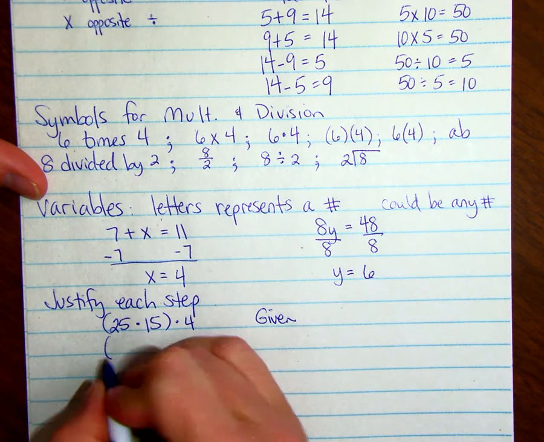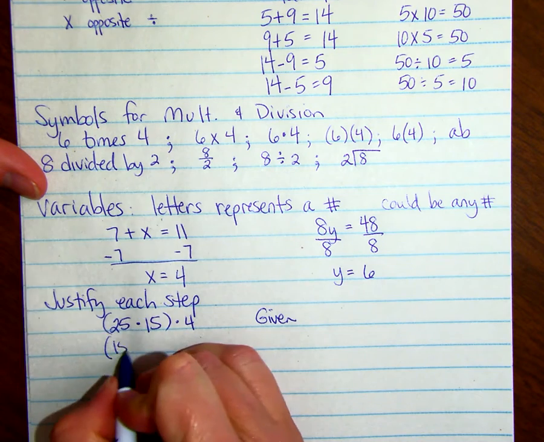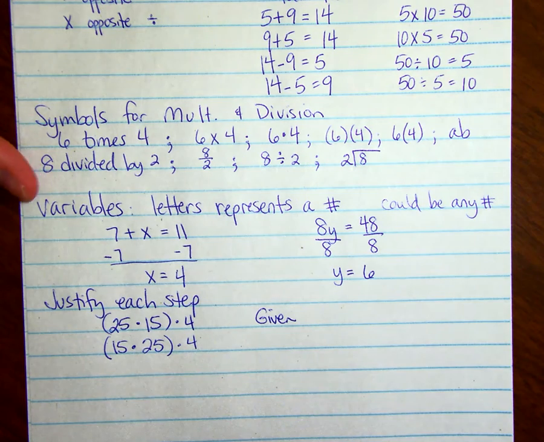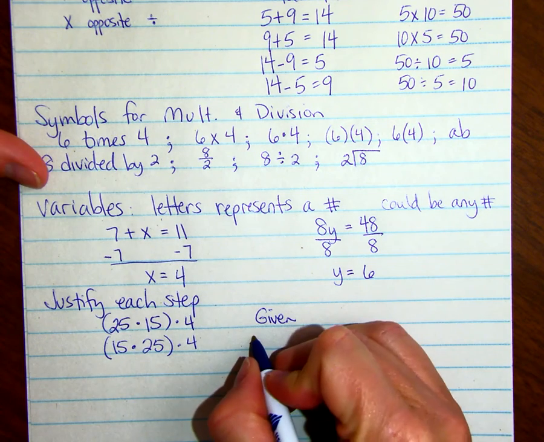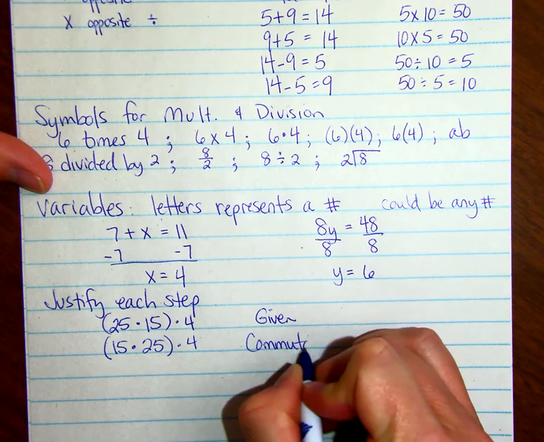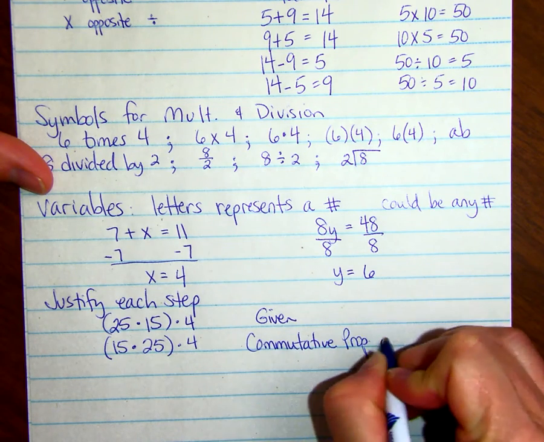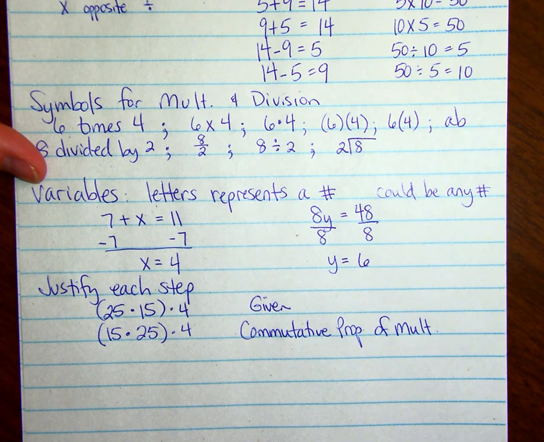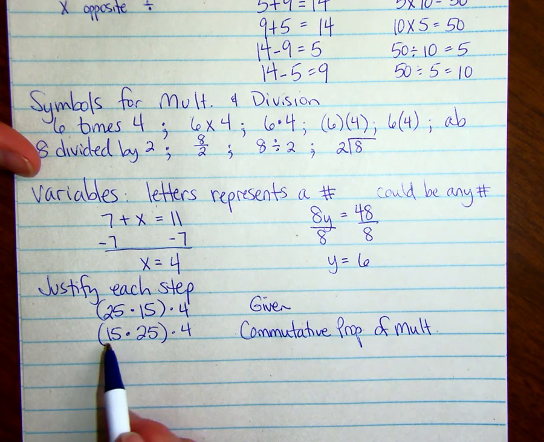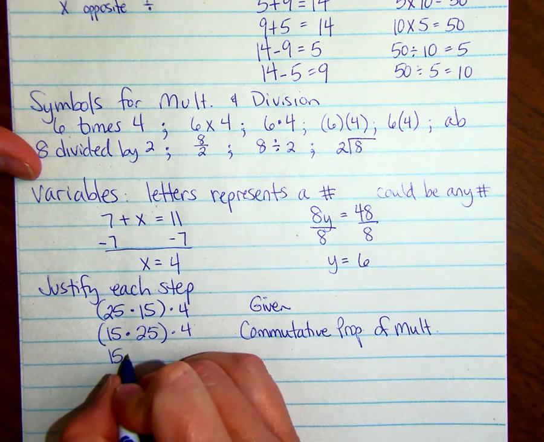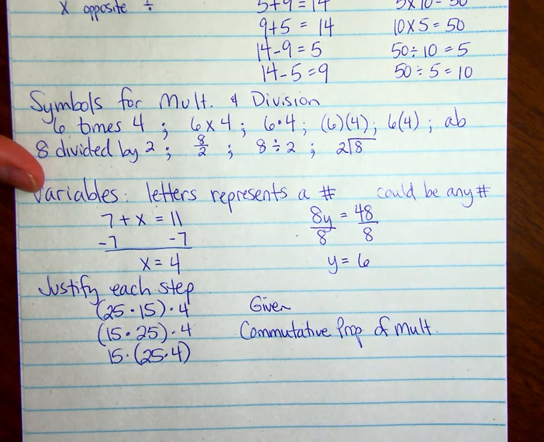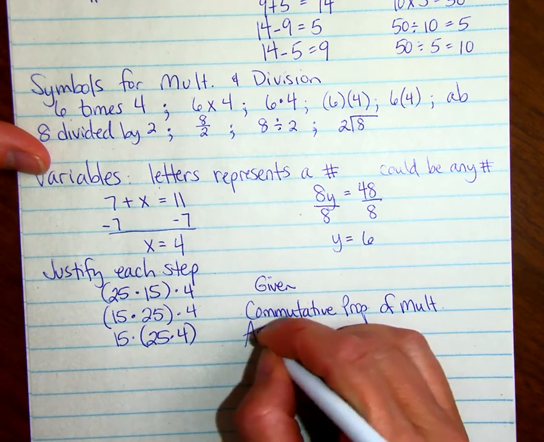So we're going to just switch the order of 15 and 25 here. We're going to keep in parentheses 15 times 25, and then put times 4 on the outside. When you switch the order, that's called the commutative property of multiplication. Commutative. We just commuted their place in the problem. Now we're going to pick up the parentheses. We're going to leave everything in the same order, 15 times, and then we're going to move our parentheses, 25 times 4. Whenever you move the parentheses like that, that's called the associative property.